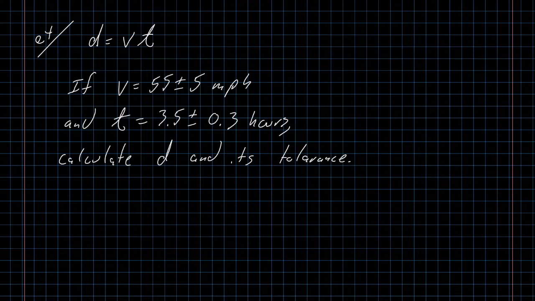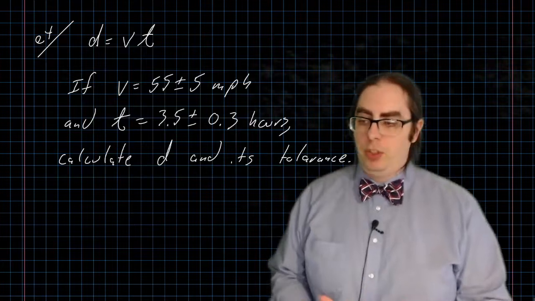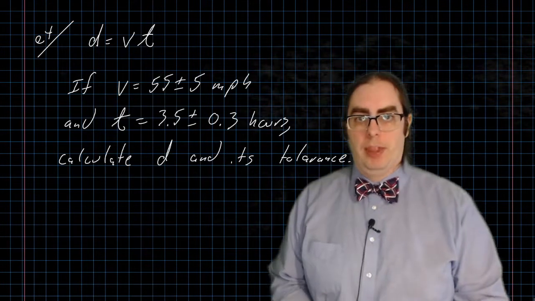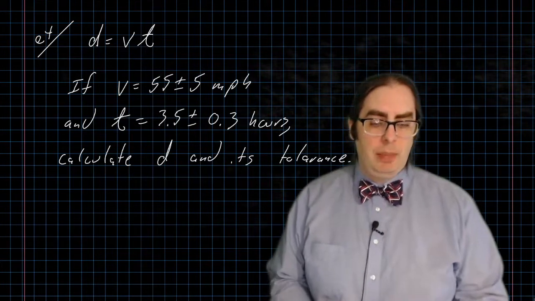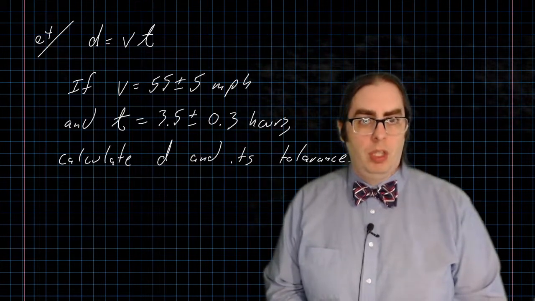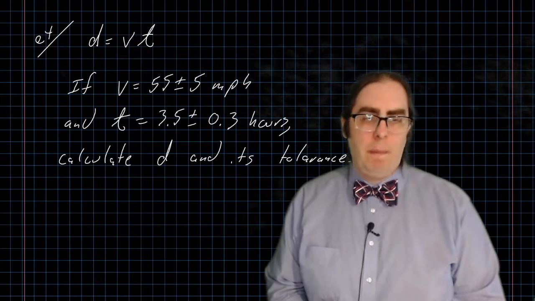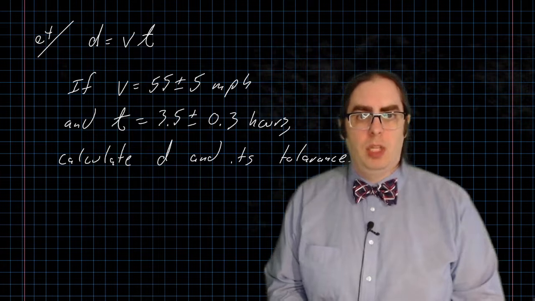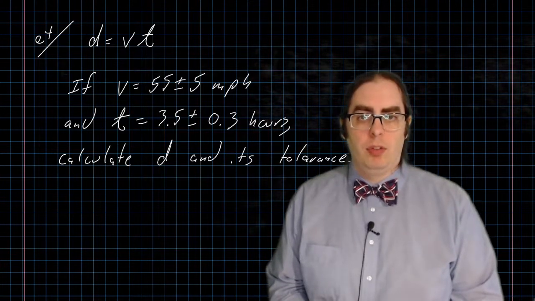So distance equals velocity times time. If your velocity is 55 plus or minus 5 miles per hour, which is about the accuracy and precision you can get from a speedometer on a car going down the highway, and your time is 3.5 plus or minus 0.3 hours. 0.3 hours is about 15 minutes, somewhere between 15 and 20 minutes.